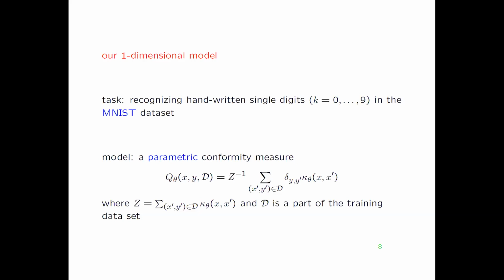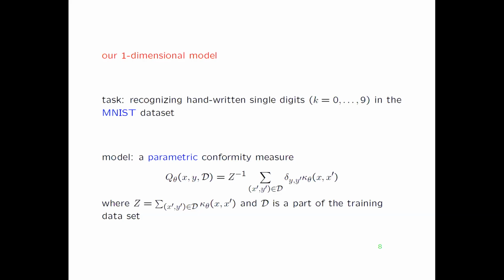So we select one of the digits, and we ask the system to recognize this integer among all the others. So for example, if we choose the 0, then the label will be 1 for the zeros and 0 for all the other digits in the dataset.